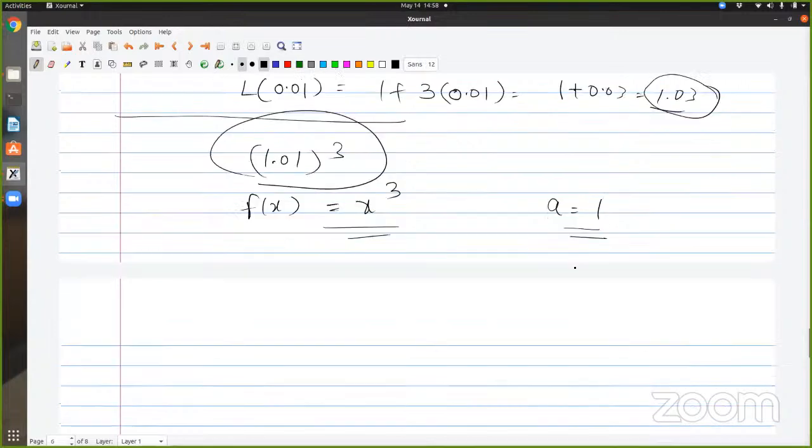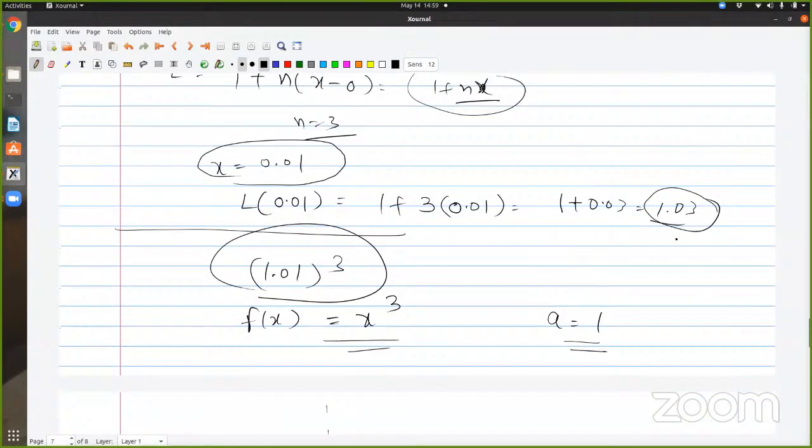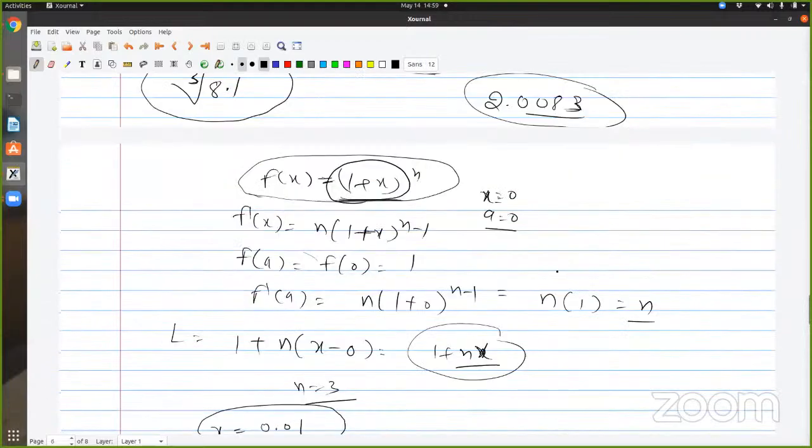Okay, and then compute the value of L, which is the linear approximation, and then compute the value at 1.01. In this equation, you put x equal to 1.01, and you will get the same answer that you got here, that is 1.03.